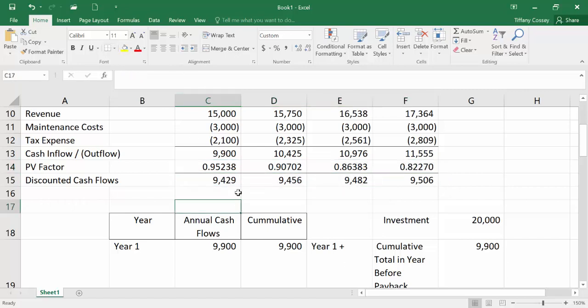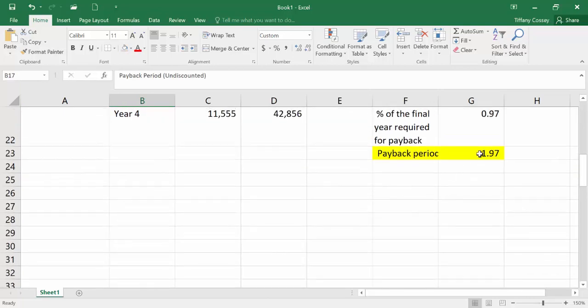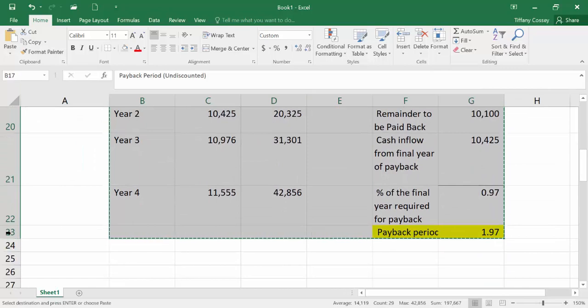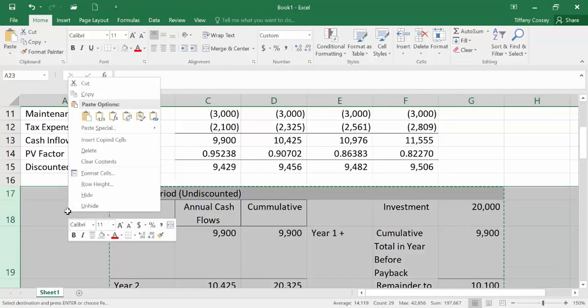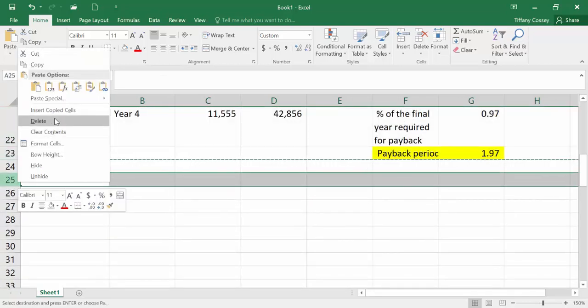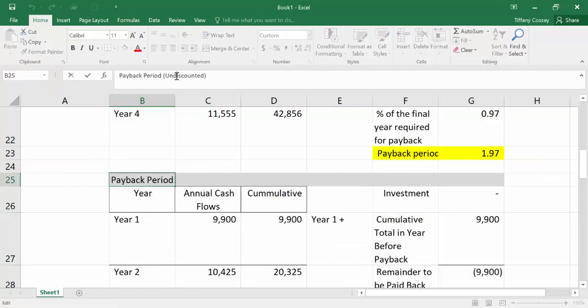So now we're going to go through the same process, but we're going to do it using the discounted cash flows. First, let me label this real quick. Okay, and then I'm going to copy and paste. Actually, I'm going to just insert cells. That way it'll move everything else below down a little bit. And I'm going to change this to discounted.